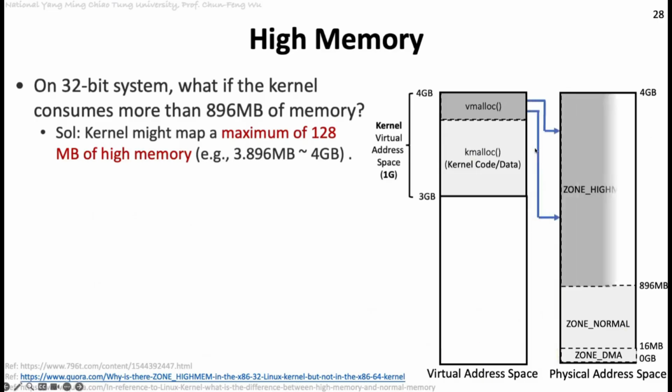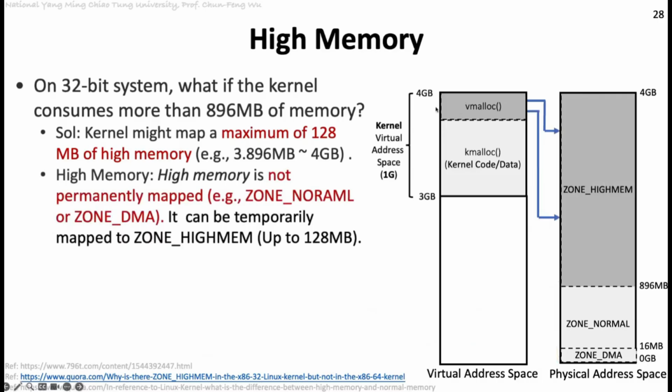Okay, so there are still 128 megabyte that are not used. They are not used because this 128 megabyte is used to dynamically map the rest of the high memory part. For physical memory, we only use 896 megabyte for the kernel code, and all the processes share this 896 megabyte.